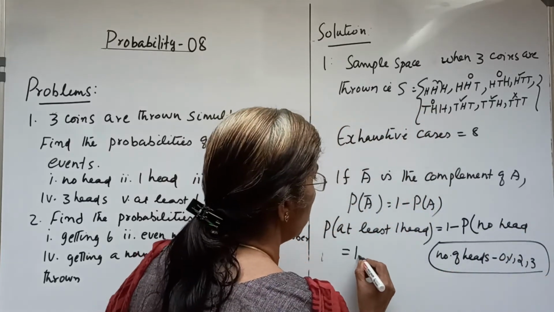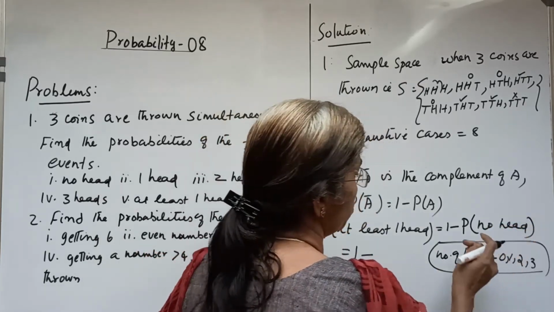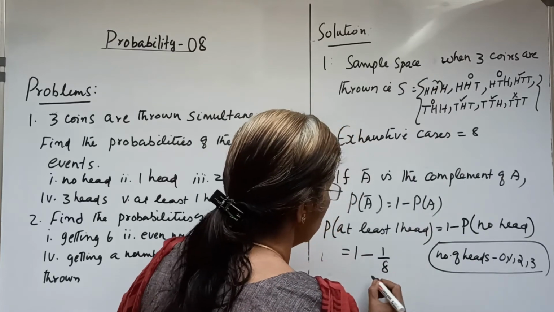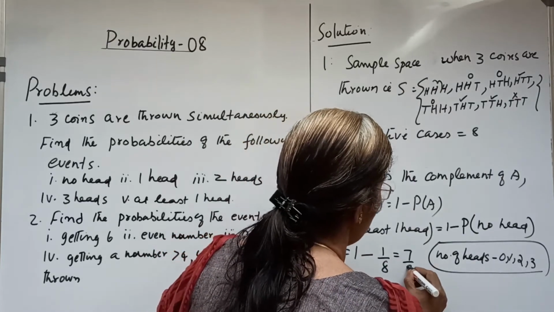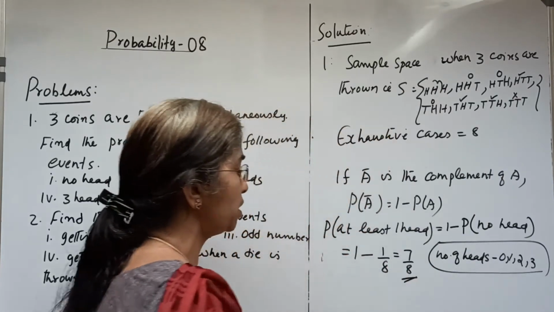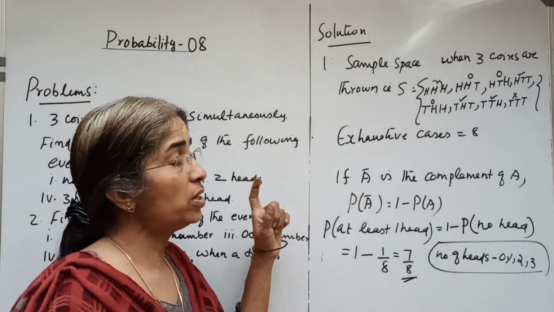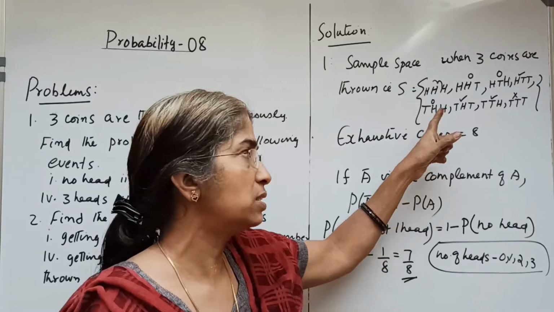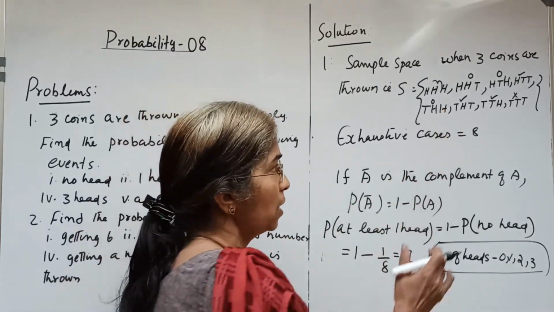Already we have the probability of no head, that is all the 3 are tails, it is 1 by 8. So this is equal to 1 minus 1 by 8, equal to 7 by 8. Or we can obtain this probability using the sample space, that is the favorable number of cases.